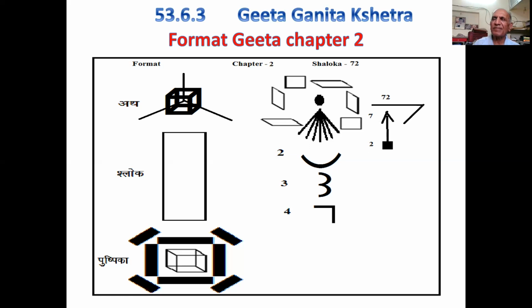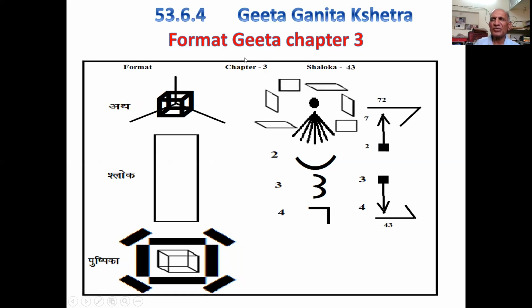Let us, in this background, glimpse the format of Gita chapter 3. See, chapter 2, with reversal of orientation, has a reversal at the second component, and there is a reach from 2 back to 1.